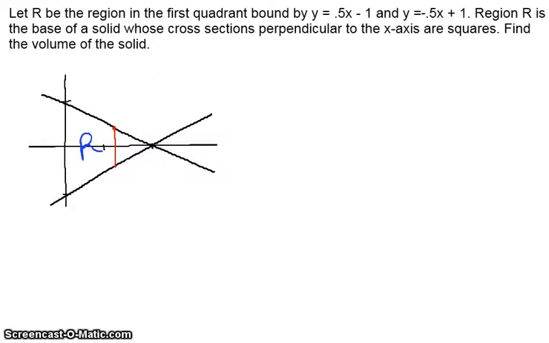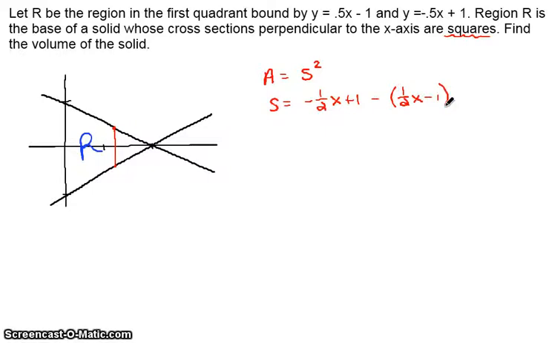We know from the question that we are dealing with squares, so we know A is equal to side squared. Now we just said that that side is going to be the top minus bottom. The top function in this case is negative 1/2 x plus 1, and the bottom function is going to be 1/2 x minus 1.